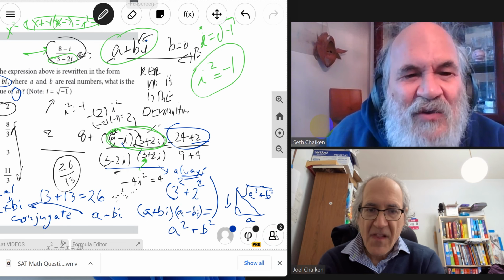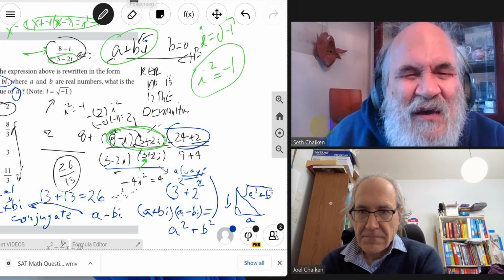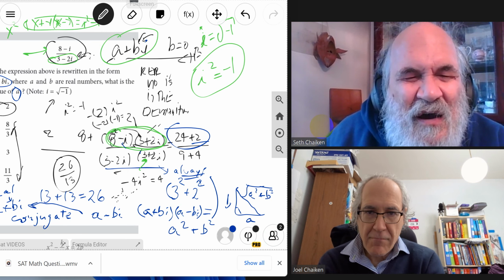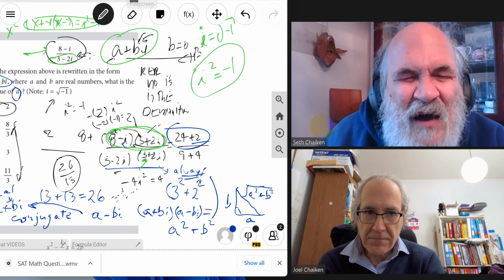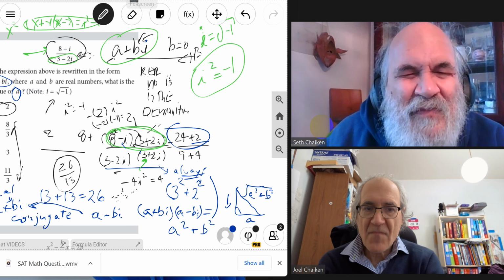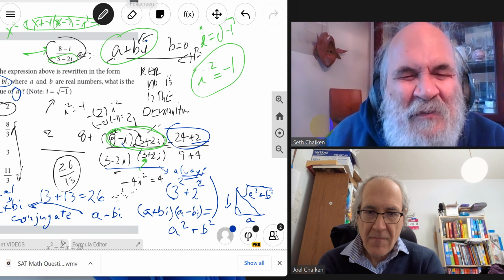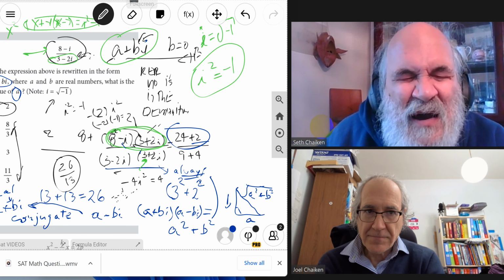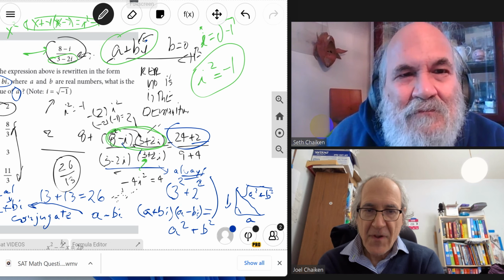So they'll sometimes say that the complex number times its conjugate is the square of the magnitude of the complex number. The square root of a squared plus b squared is called the magnitude or the norm of the complex number.